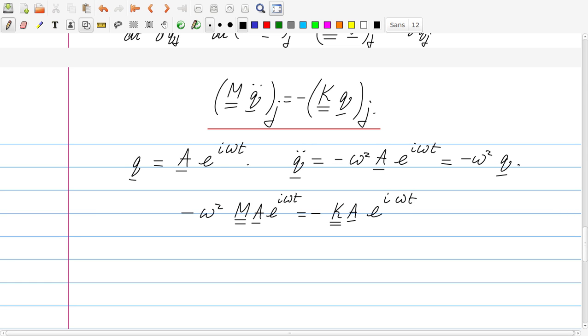We then arrive at this form: minus omega squared matrix M times vector a times e to the power i omega t is minus matrix K times vector a times e to the power i omega t, and I can just cross this one out because it occurs on the left and on the right hand side, and what we are left with is again a generalized eigenvalue problem.